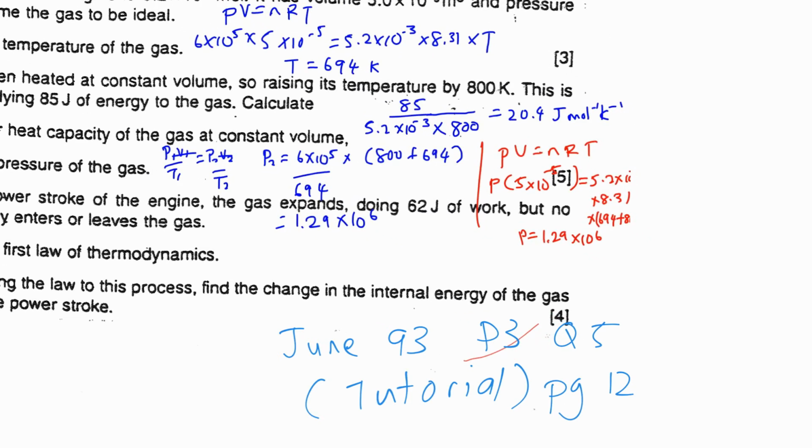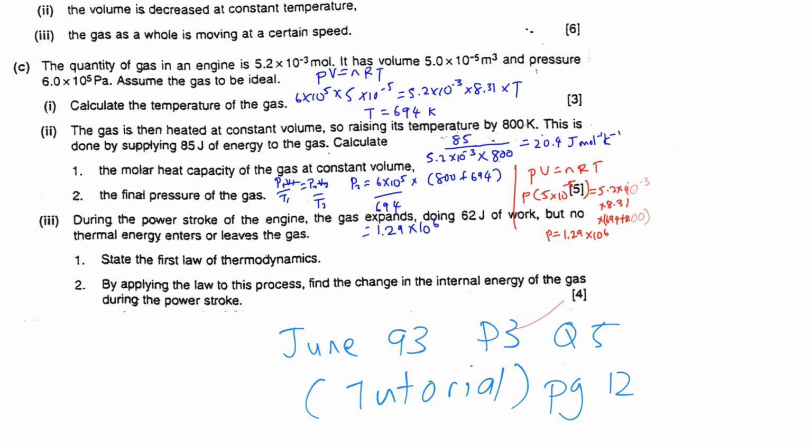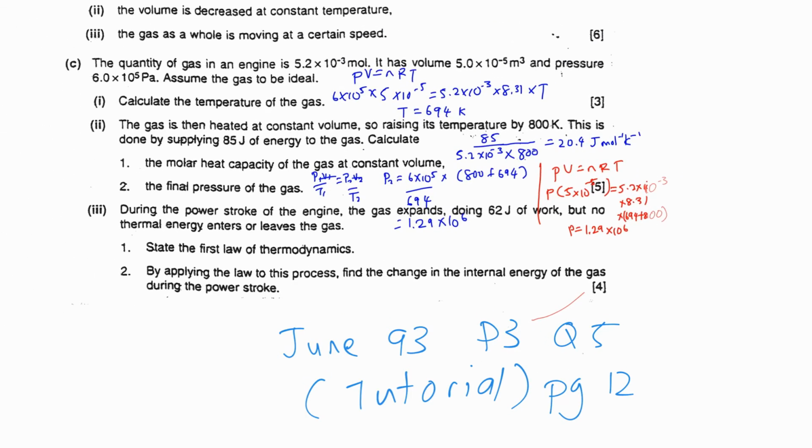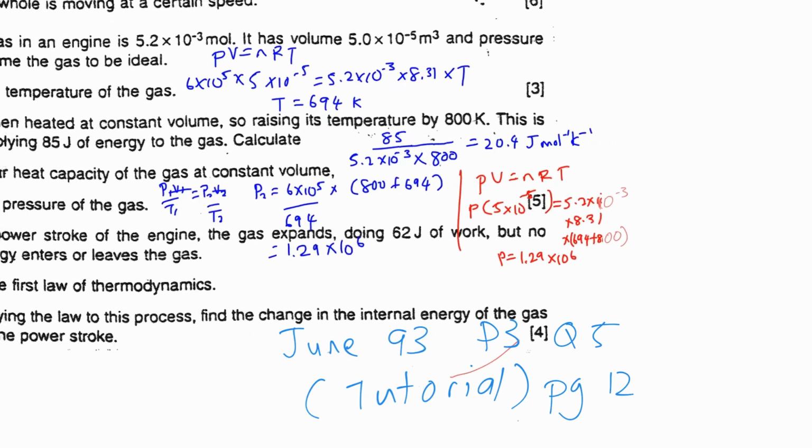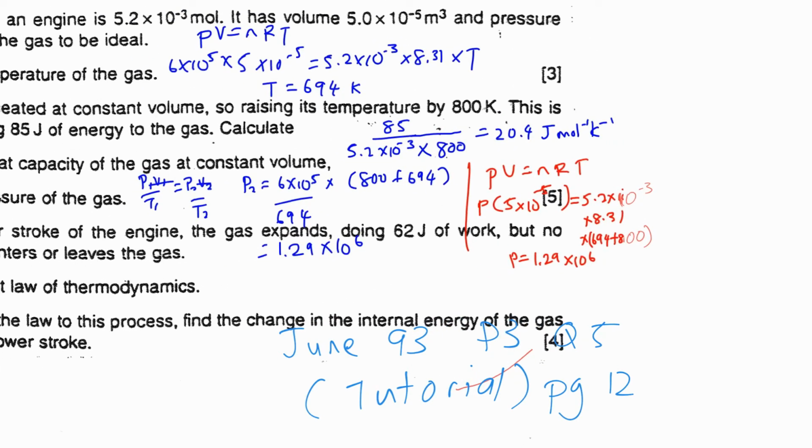So this is 5.2 times 10 to the power, how much is the number of moles? 10 to the power negative 3. Is it negative 3? Yeah. And temperature 800 Kelvin. Okay. You notice you'll get the same answer for both workings.